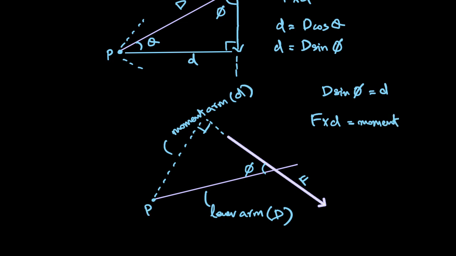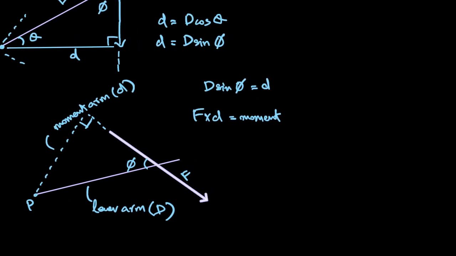So if you want to use this formula, there are some conditions that you need to keep in mind. The first being that the angle that you're using should be between your force vector and the lever arm.